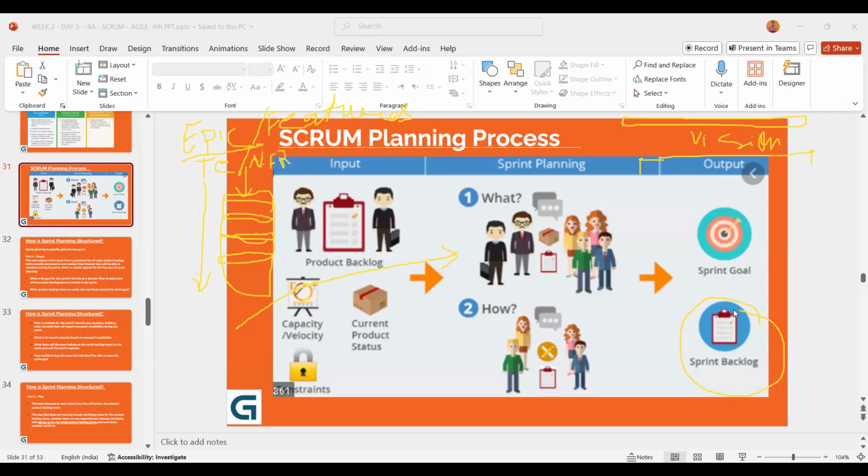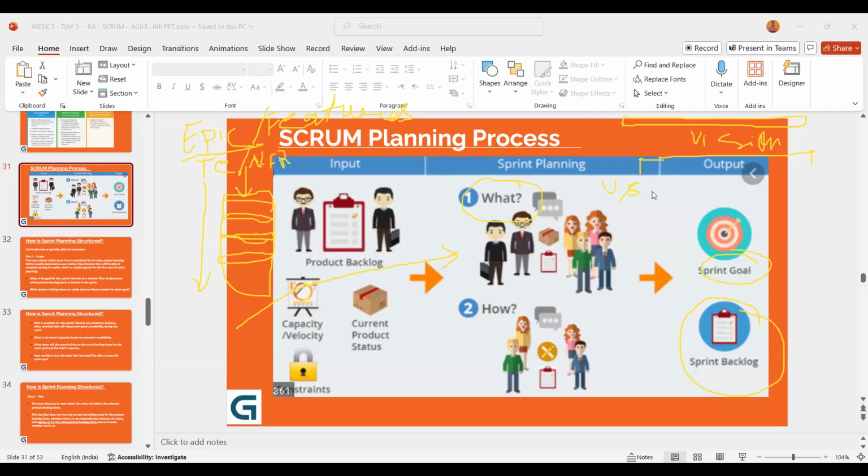But before we finalize the sprint backlog as a sprint goal, we confirm what exactly we are going to do.